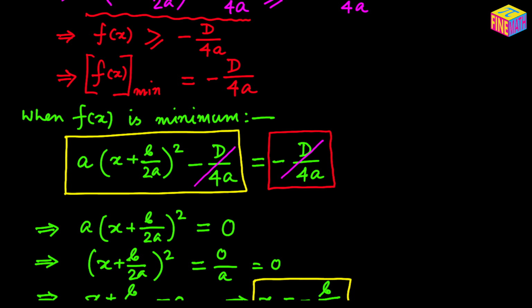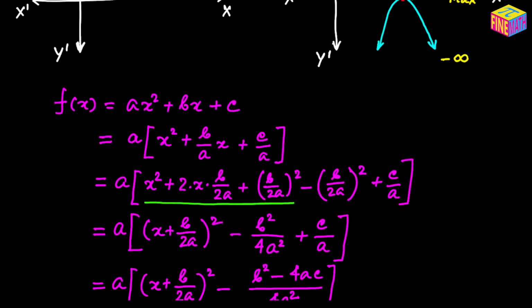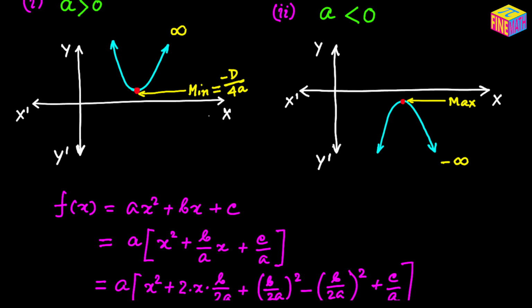So now if I take you up there to the graph, you see that the minimum value of the function was negative d by 4a, and now I am saying that the x coordinate, which is a point right here, will be negative b by 2a.